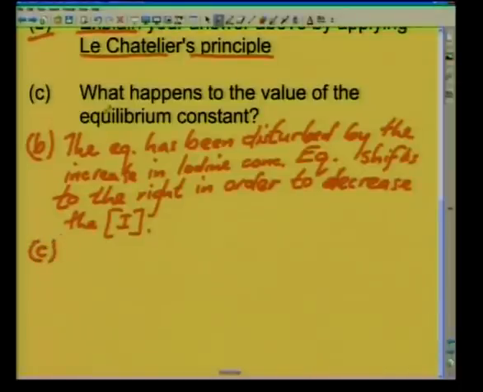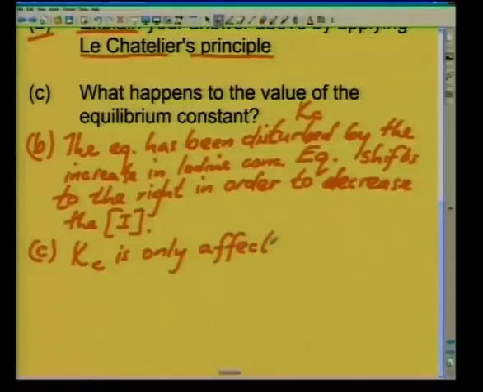Right, let's now look at the last part of this question, which is question number C. Now, C says, what happens to the value of the equilibrium constant? What happens to Kc when all these changes take place? Now, there's something that we need to understand about Kc. Kc, or equilibrium constant, the value of Kc is only affected by change in temperature. So this is not yet the answer to this question.